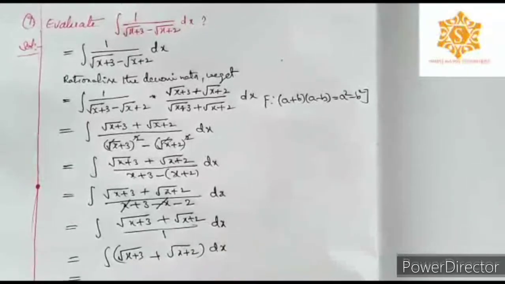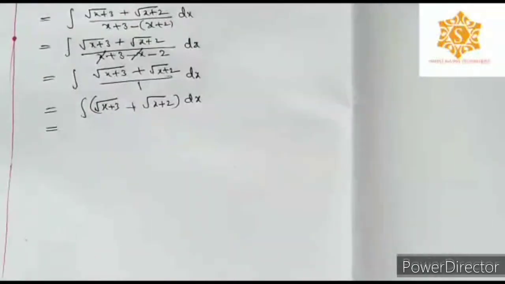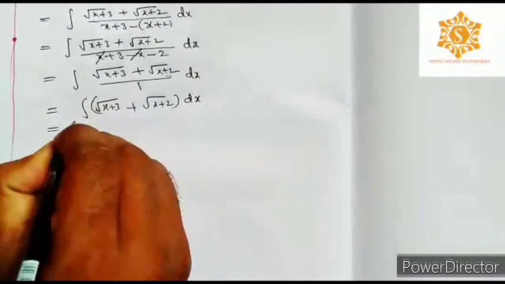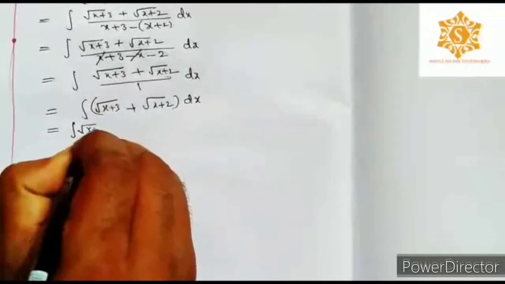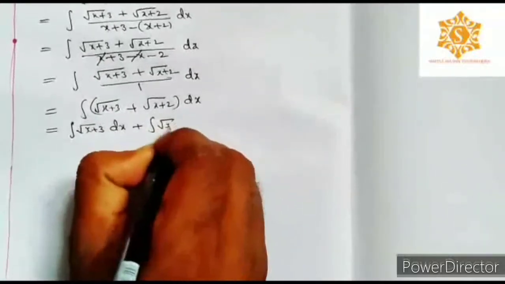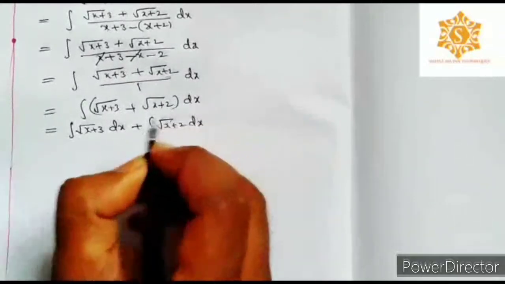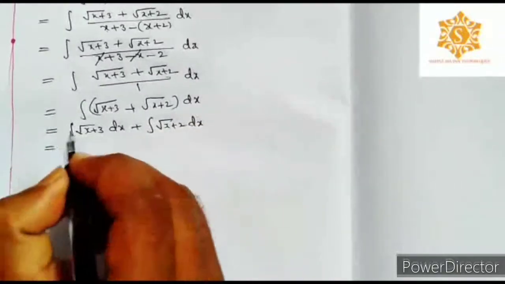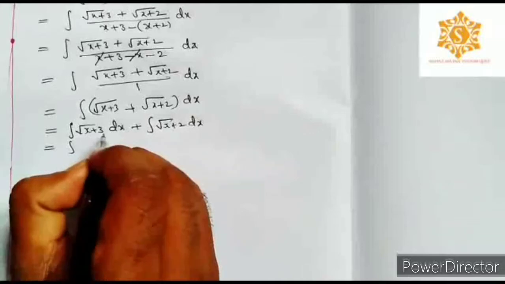Now separate the integration. Integration of square root of x plus 3 into dx plus integration of square root of x plus 2 into dx. So integration of root of x plus 3 dx.